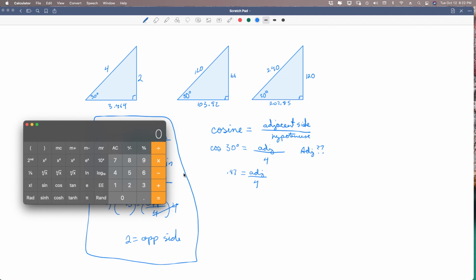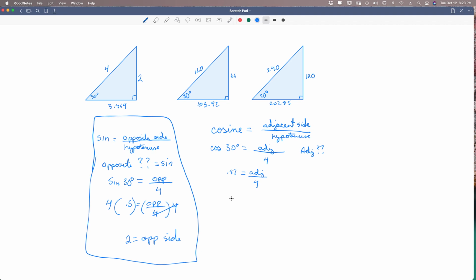What I mean by that is this. 30 cosine. Okay, I'm going to write 0.87 here and do this. Now I'm going to go ahead and do my multiplication. All right, 3.464. All right, so the 3.464 is equal to the adjacent.